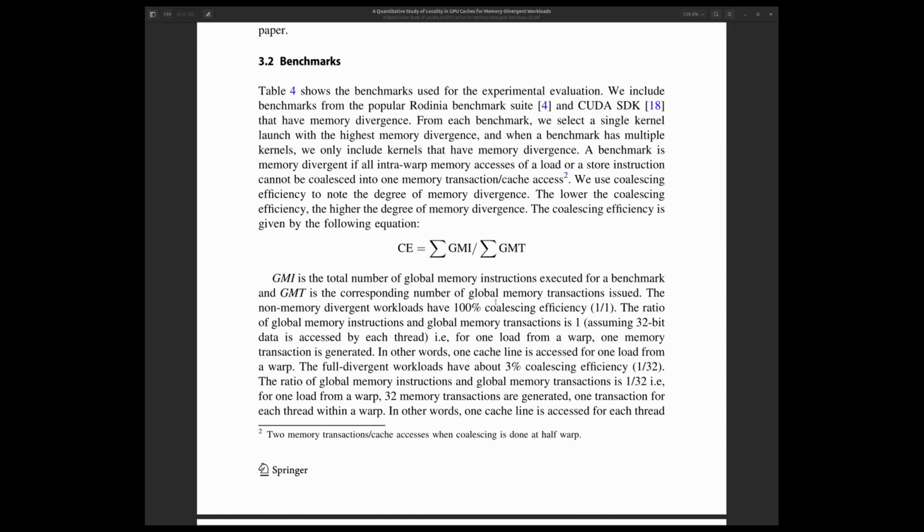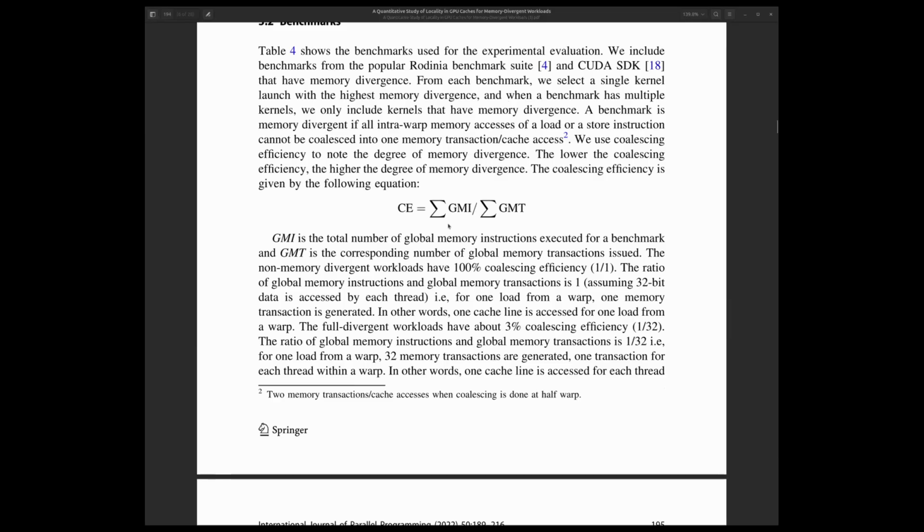If you can take all of the memory addresses needed for all of the 32 instructions in a warp and compress them into one cache line call, or one memory transaction, which again means accessing data from higher levels of memory, if you can coalesce, which is the term that's used, meaning combine all of this into one call or transaction, you would have a perfectly coalescing kernel or program.